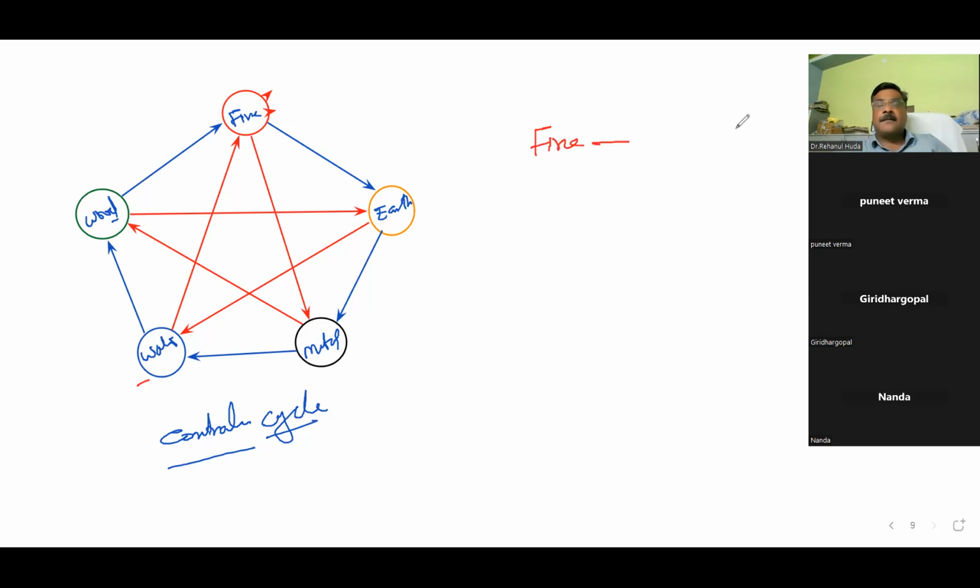So who controls fire? Wood controls fire, and fire controls metal.